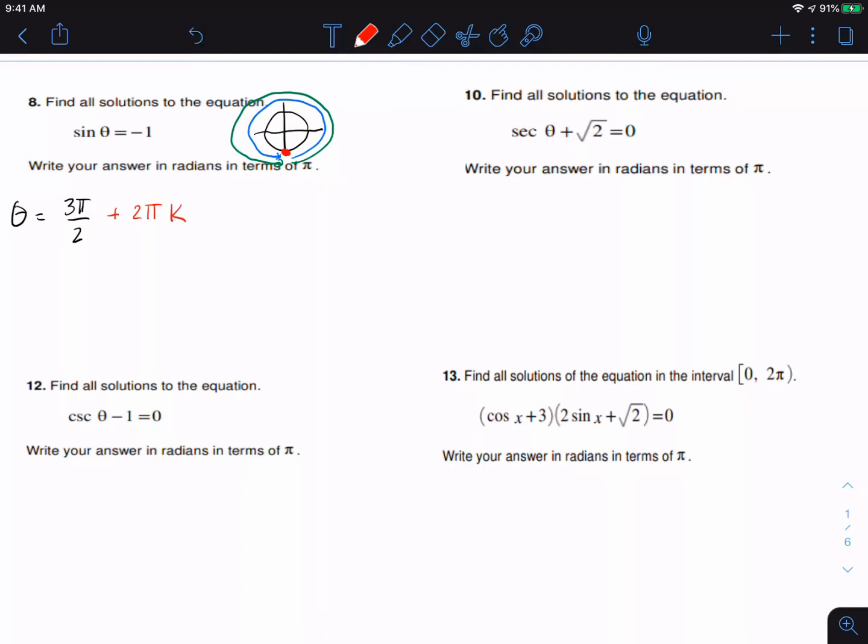Does that make sense to everybody? Okay, cool. Now it's important that you remember k is an integer here. So that means that k is equal to plus or minus 1, plus or minus 2, and so forth and so on. Okay, so how many answers do we really have here? Isn't it infinite?